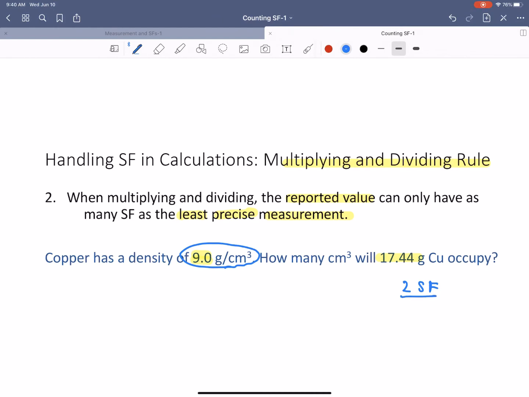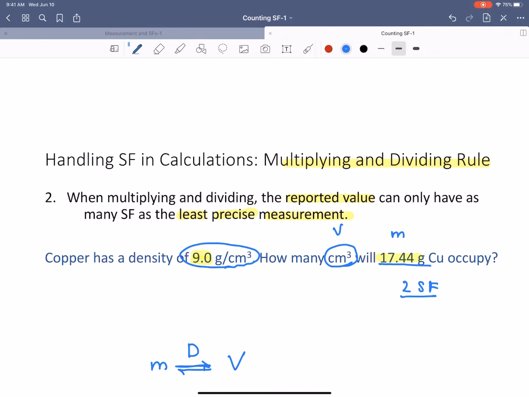Okay, so we have a value given, number and units. That's a starting place. And then the question says, how many cubic centimeters? So we're starting with a mass, and we're trying to get to a volume. And the way to go from mass to volume, or from volume to mass, is through density.